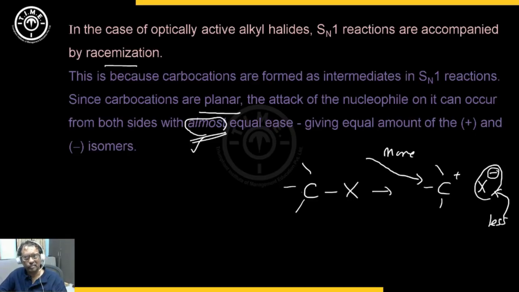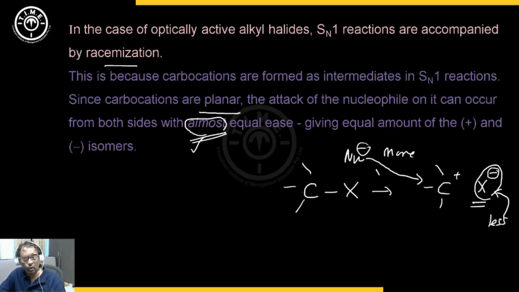Are you getting the point? The nucleophile is finding the rear side attack easier than the front side attack, because in the front the X minus has not left the position. Only when X minus moves out completely can the nucleophile come, is it not? So it is not 50-50.